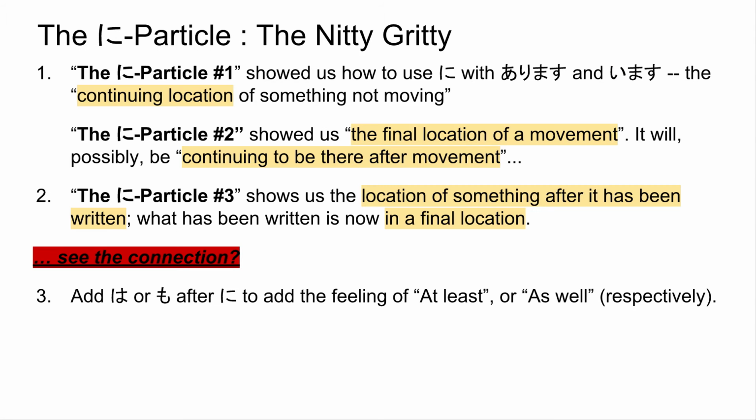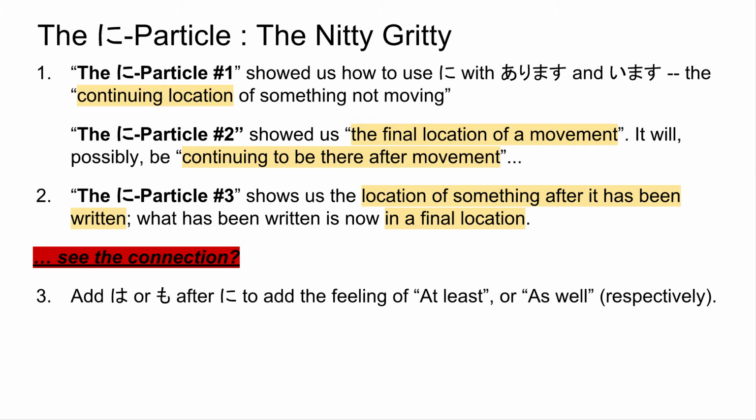The ni particle, the nitty gritty. So let's look at the previous two videos. The ni particle number 1 showed us how the ni with arimasu and imasu shows you the continuing location of something that isn't moving. So it's almost like something was put there and then it continues to be there. The ni particle number 2 showed us the final location of a movement.